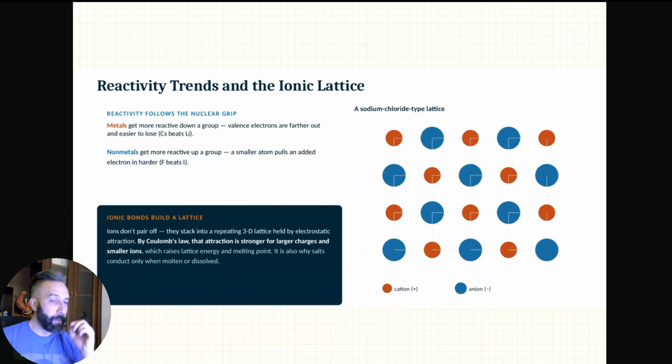Now, also bear in mind that ionic compounds are lattices. So let's say I have NaCl. NaCl is not just one Na and one Cl. It's a lattice that looks like this. This is sodium chloride, the NaCl type lattice. Remember, it's 3D, and every positive ion is surrounded by six negative ones, and vice versa.